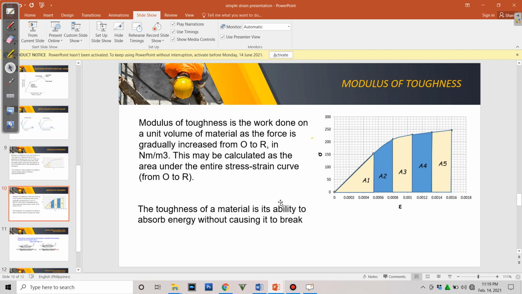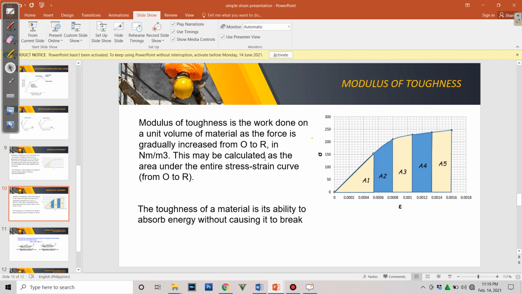So next, moving on to modulus of toughness. This is actually the work done on a unit volume of a material as the force is gradually increased from 0 to R. What is R? It is the rupture or the end point of our stress and strain diagram.